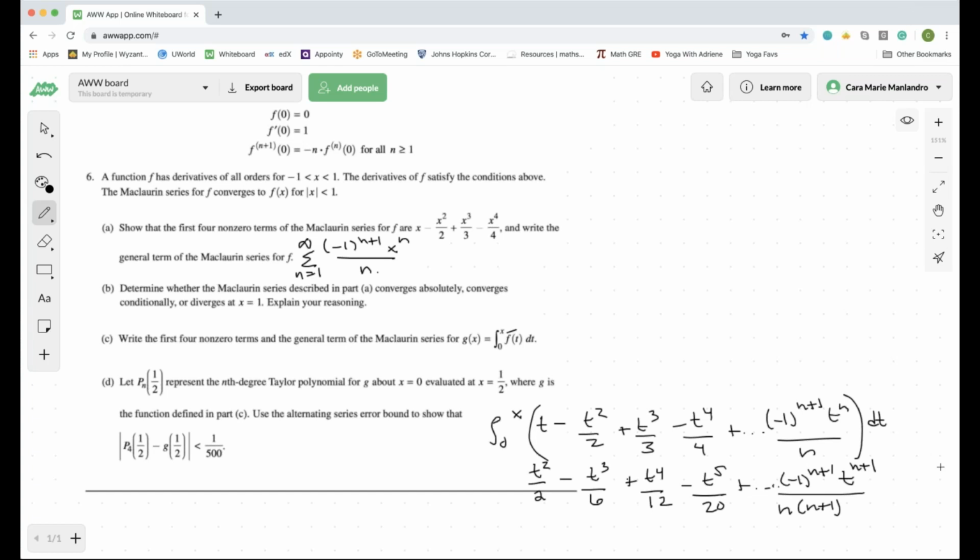All right, and then essentially when we go from 0 to x, all of these t's become x's. All right, so I'll just say sub in x for t. Okay. Does anybody have any questions on that? That one's not too terrible.